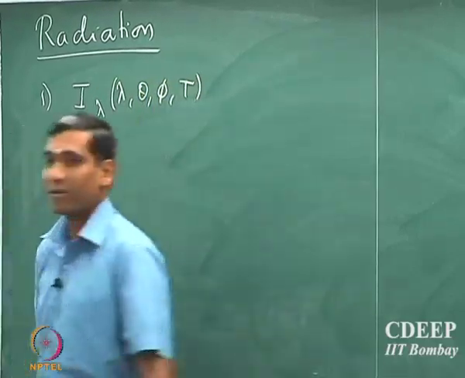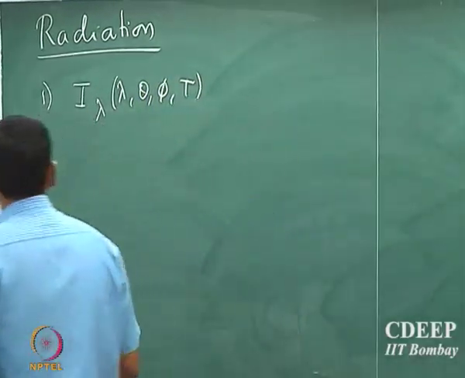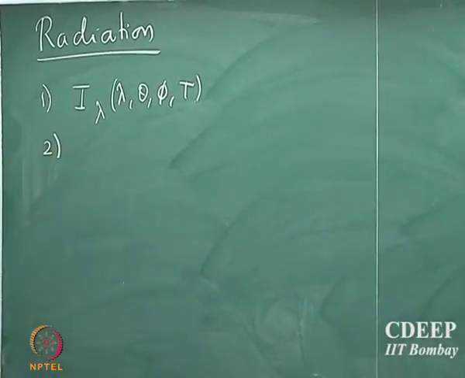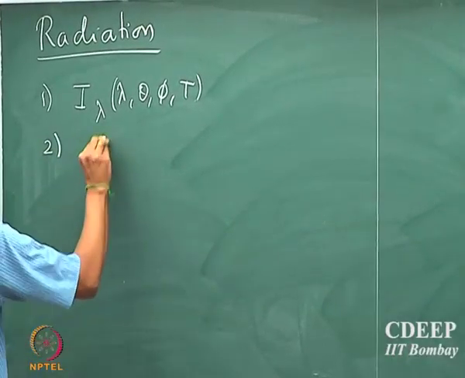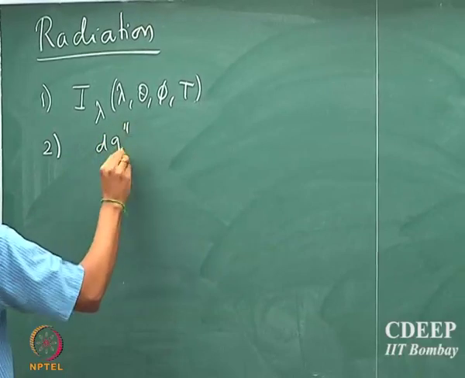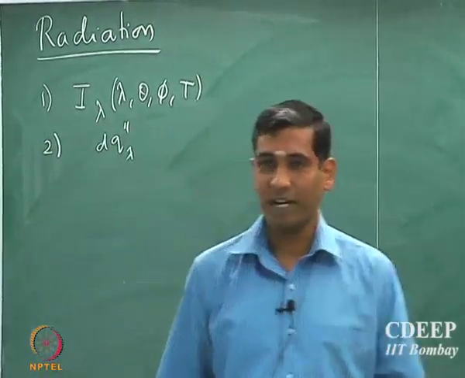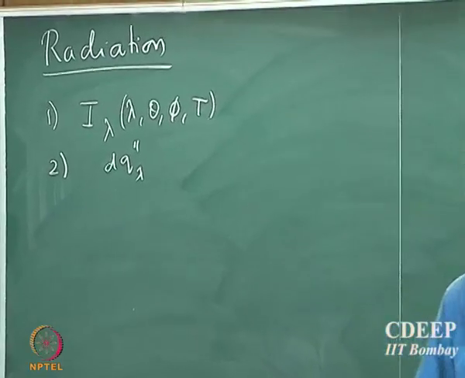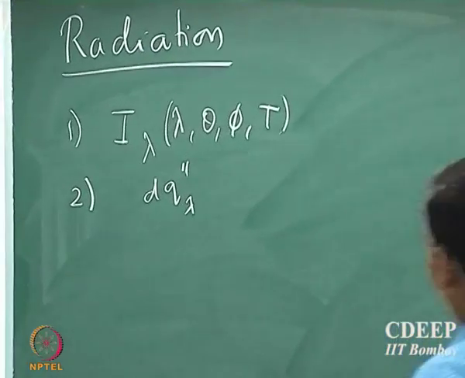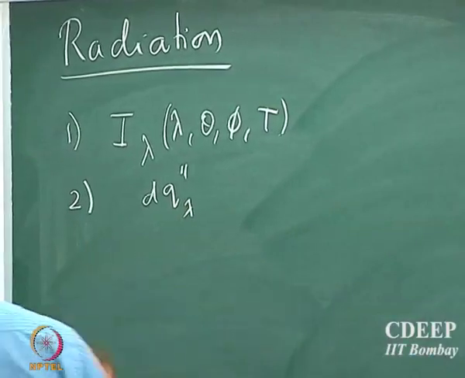So that's the first definition we had, and then we defined the flux of radiation emitted or received at a certain wavelength.